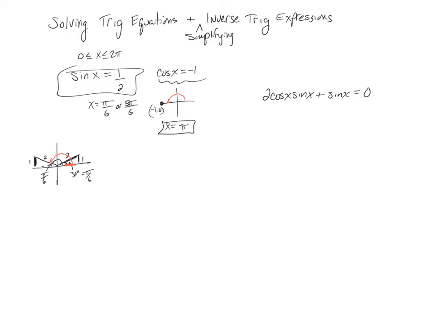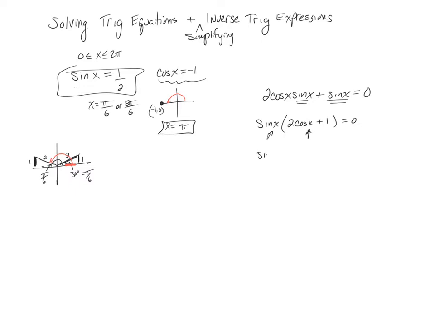So now the fundamental strategy here again is to factor when something is set equal to 0. We can see we have a common factor of sine here, so we can take a sine out, and what would be left would be 2 cosine of x plus 1. Set that equal to 0, and now you're going to say that either the sine is equal to 0 or 2 cosine plus 1 equals 0.